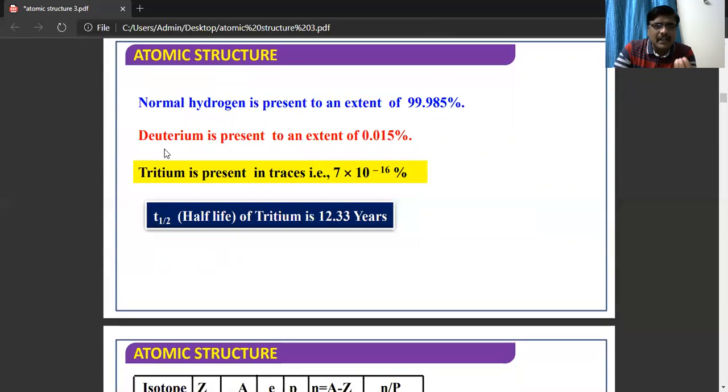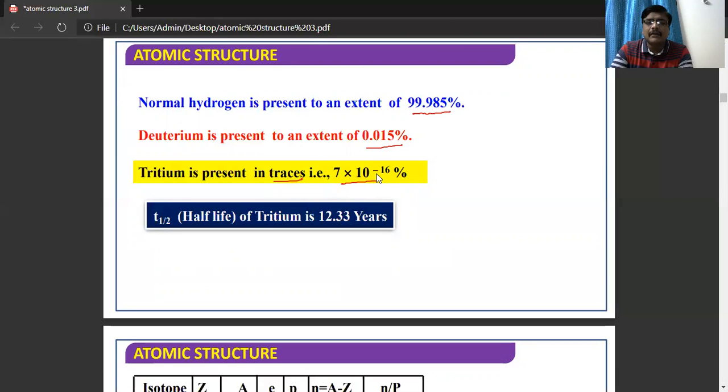Considering the isotopes of hydrogen, normal hydrogen is present to an extent of 99.985%, deuterium to the extent of 0.015%, and tritium is present only in traces, very minute quantities, about 7 into 10 power minus 16%.